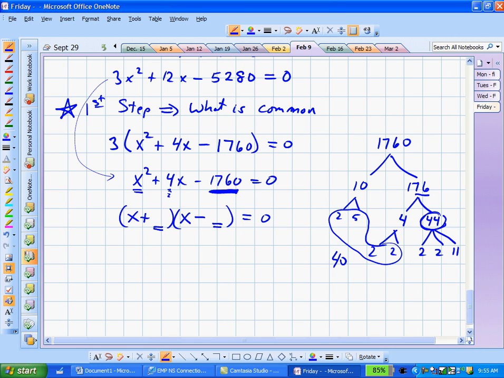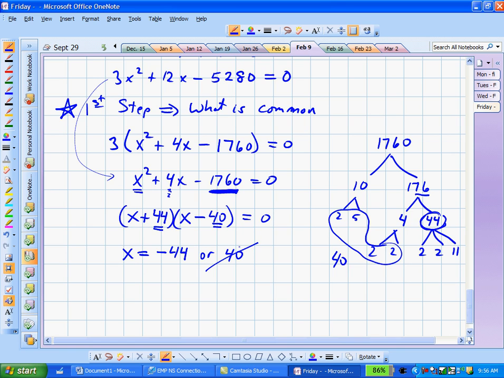So the pluses win, so this must be 44. And the negatives are not as powerful, so this must be the 40. And so x equals negative 44, or 40. But we're not interested in the positive ones. We know our answer has to be negative. So we're just going to draw a nice thin line through this. We're not crossing it out. It's great work.